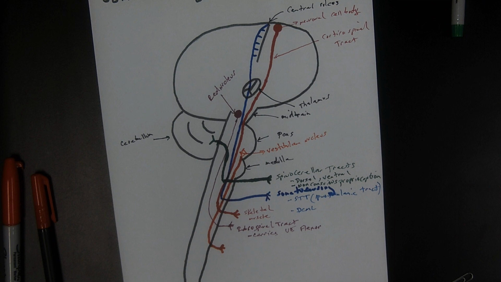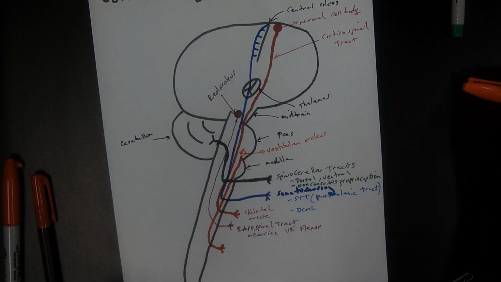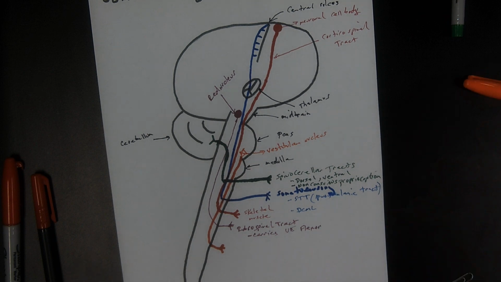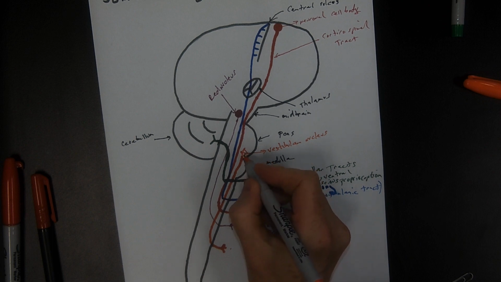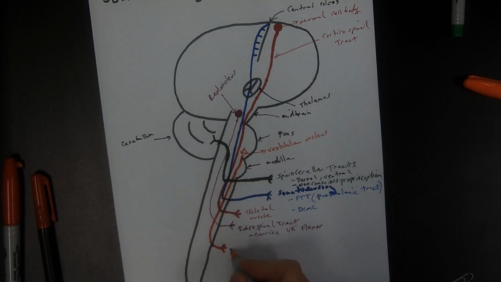You want your flexors or extensors firing? What do you think? Extensors. Yes, I want my extensors firing. I want my hip and knee extensors and my back extensors, cervical extensors, all firing if I'm upright against gravity. So this is the vestibular nucleus. Coming out of the vestibular nucleus, there are axons traveling down. And this is, believe it or not, the vestibulospinal tract.